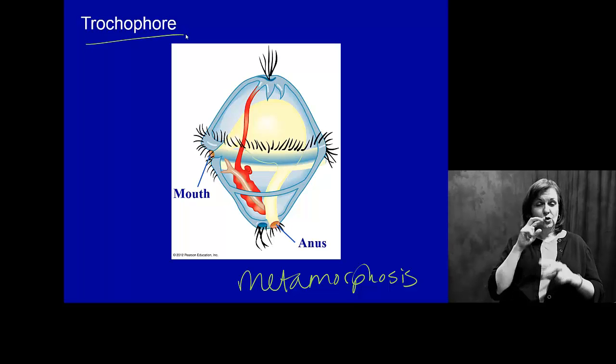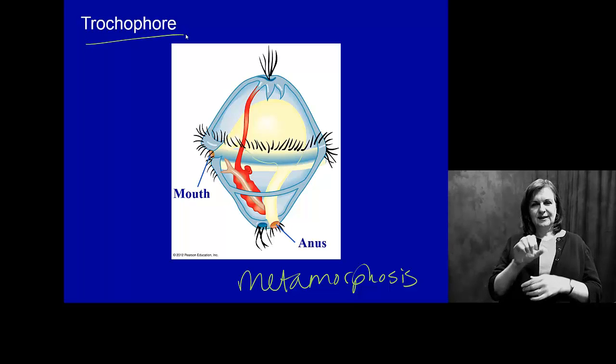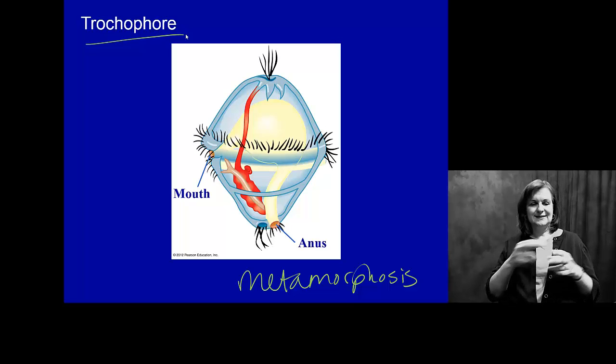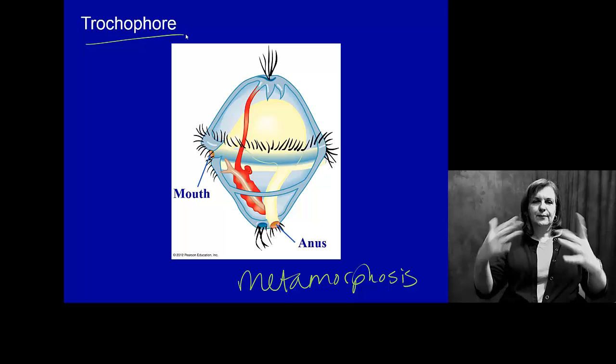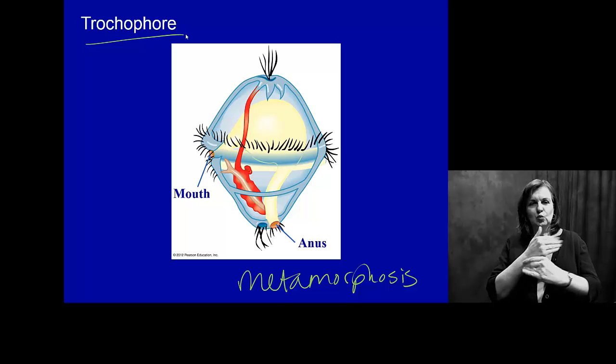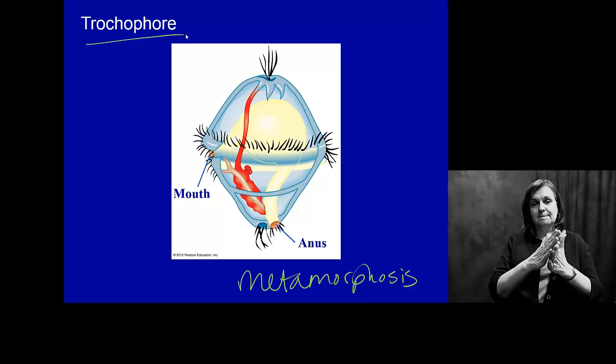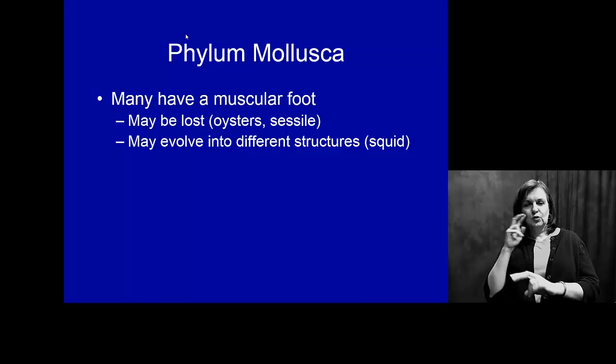And when we look at these intermediate larval stages, I just want you to be aware that many of these organisms are going to release eggs and sperm, often into the water. They're going to join and form these free-swimming larvae. And then those larvae will develop into the direction of the class of mollusk we've looked at.